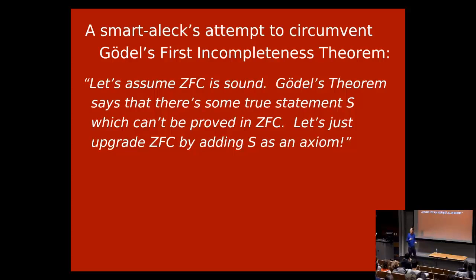All right, cool. Let's just make it an axiom. Now it can easily be proved because it's an axiom. I mean, you can prove it in one line. So great. Why does this not really fix anything? Why does this not suddenly solve all the world's problems? Now can we prove all true statements?